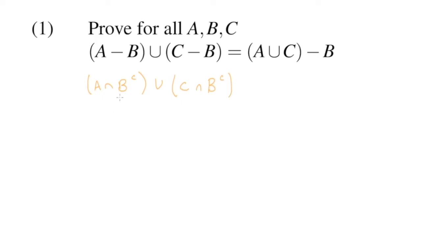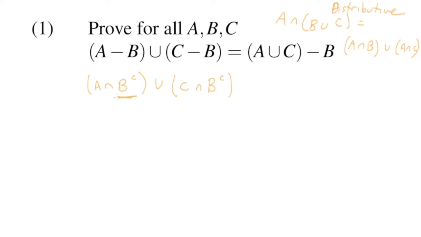Now we had the, what was it called? The distribution, right? So A intersected with B union C equals A intersect B union A intersect C. Right? So that was the, what was it called? Distributive. Okay, so let's do that.